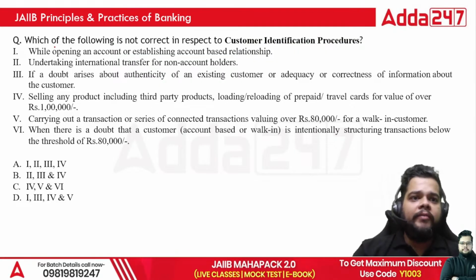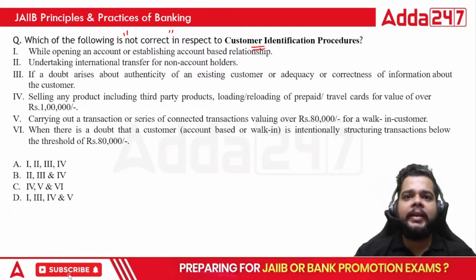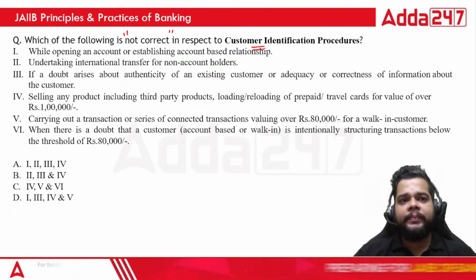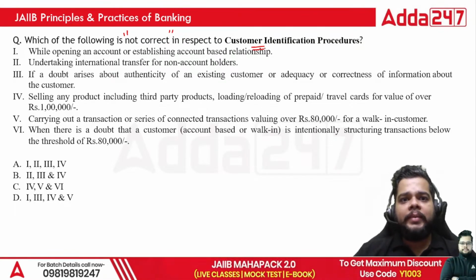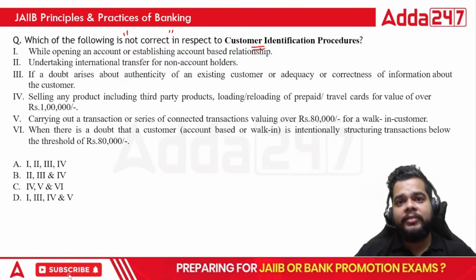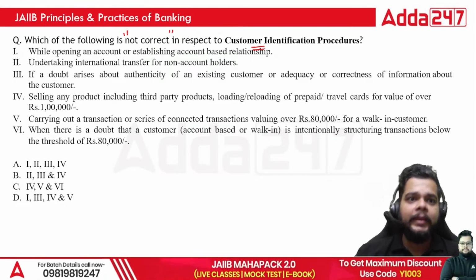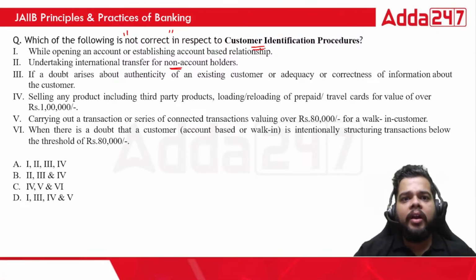Okay, now let's move on to one question based on the CIP. Which of the following is not correct in respect to the CIP, that is customer identification procedures? While opening an account or establishing an account based relationship, whether we need to have the CIP procedures while opening the account or not, we have just seen. Then undertaking an international transfer for a non-account holder.